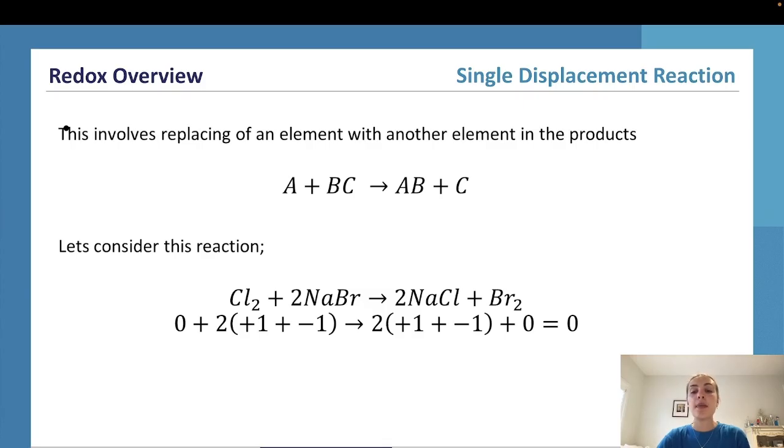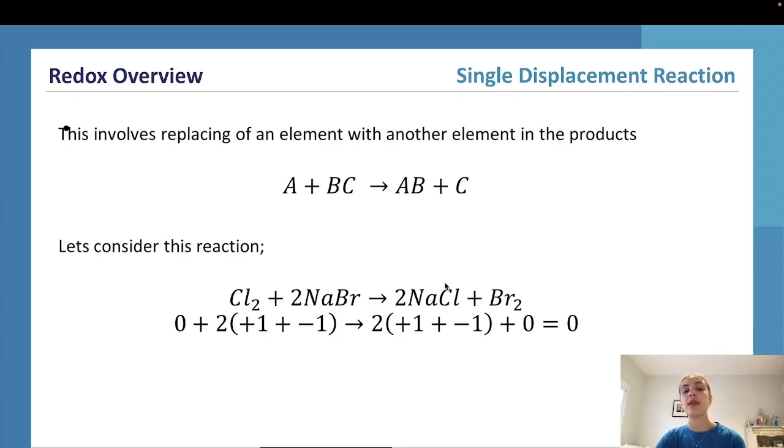And then we've got bromine, and we know that bromine fits into our rule number 7, which tells us that our group 17 elements are going to have an oxidation number of -1. So +1, -1, and yep, that gives us 0 in total, and this is an uncharged molecule, so that's correct. So chlorine's going to go from 0, sodium is going to go from +1, and bromine is going to go from -1.